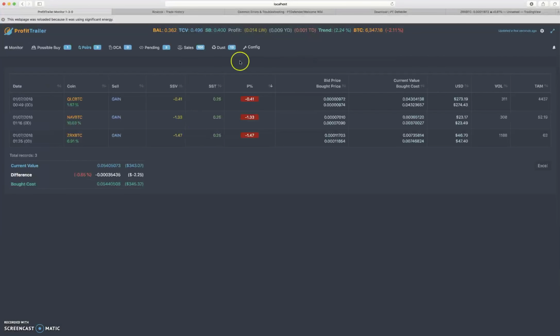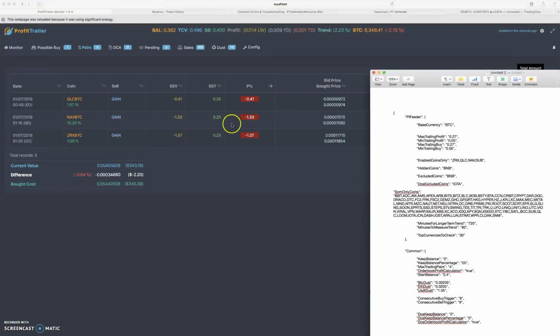It's just normal. You're not going to get into a pair and have it automatically bust out of these bags every time. There's going to be times, and this is part of my strategy, where these coins that PT buys and then Profit Trailer Defender buys again might end up in bags too, like this, right?